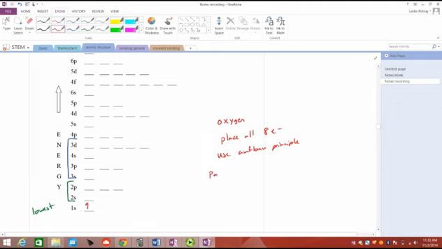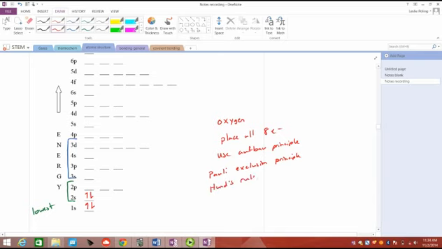We're going to use the Pauli exclusion principle. Maximum of 2 electrons. They have to have opposite spins. Okay? So we filled energy level 1, so we go up to energy level 2. We've still only used 4 electrons.